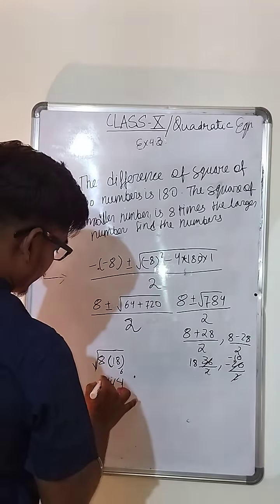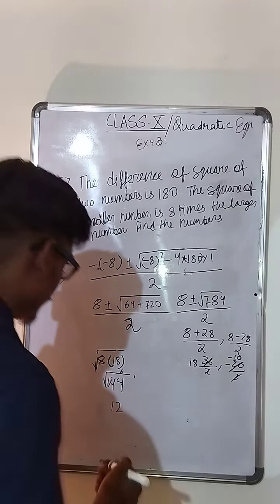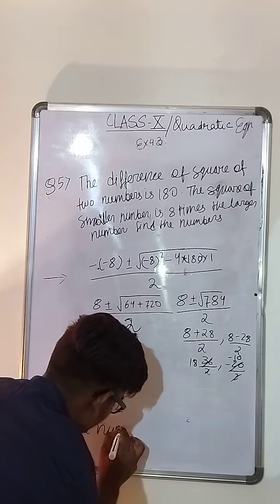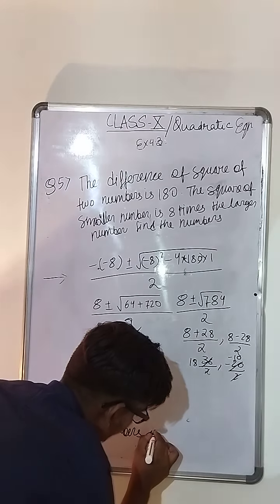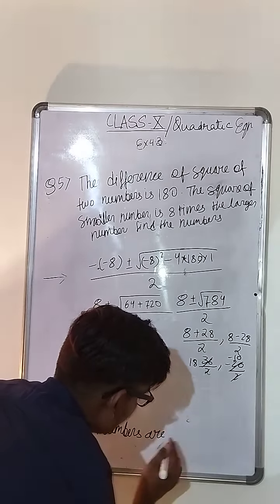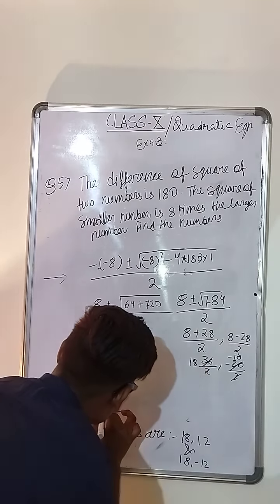So one will be plus 12, so the numbers are 18, 12 and 18, minus 12. It will become plus minus.